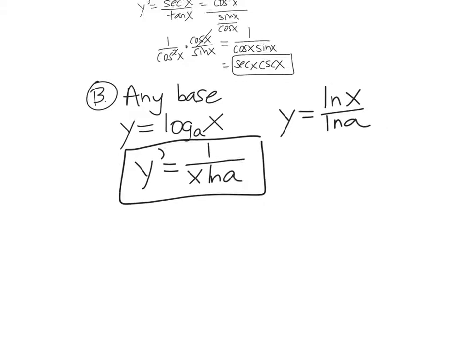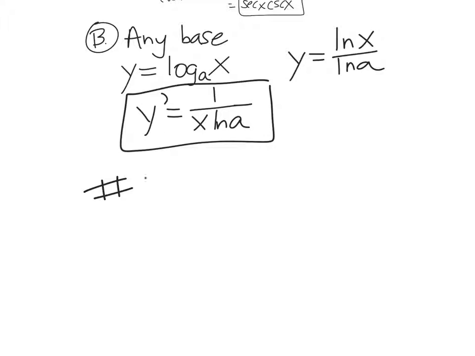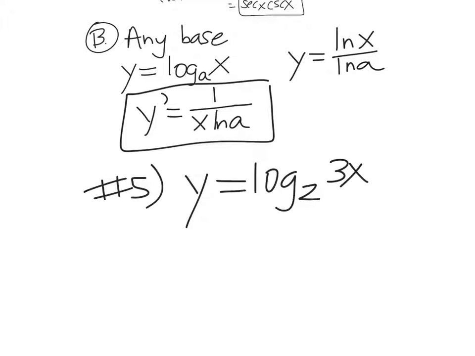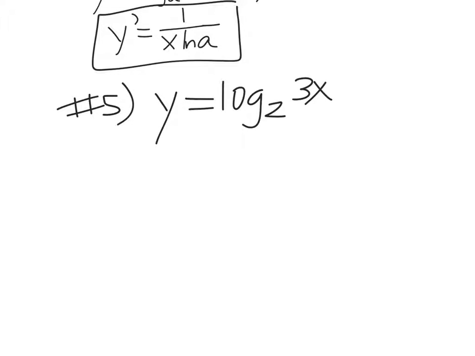So you want to do an easy one real quick? Okay. Number 5. So let's say we have y equals log base 2 of 3x. Let's do a little bit difficult, not completely easy. So this is chain rule. We take the derivative of the outer function, which is log base 2 of stuff.